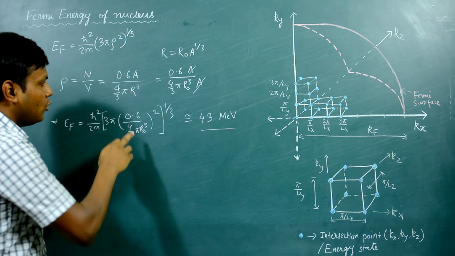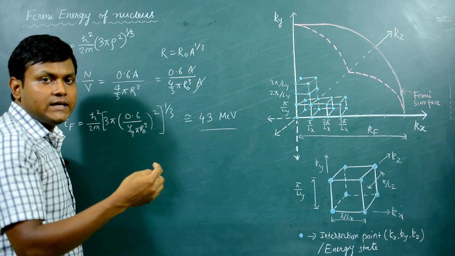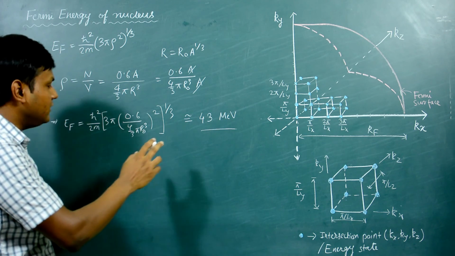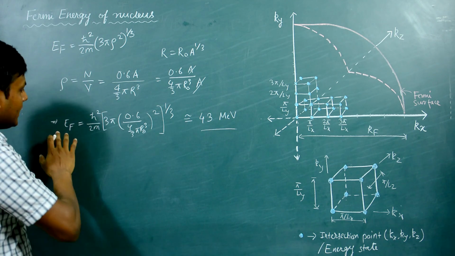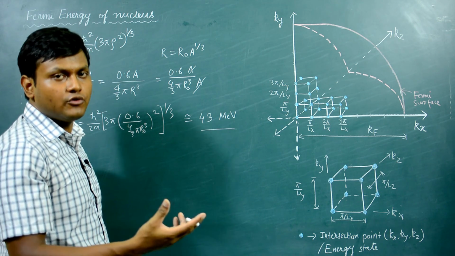Based on whether you take 60% or 50% or 55% as the number of neutrons in a nucleus, you will get a little bit of variation in the Fermi energy. But according to my calculation, the Fermi energy comes out to be 43 mega electron volts.